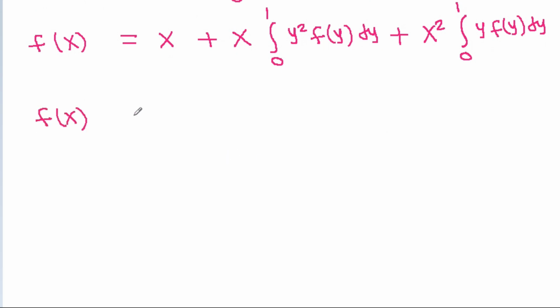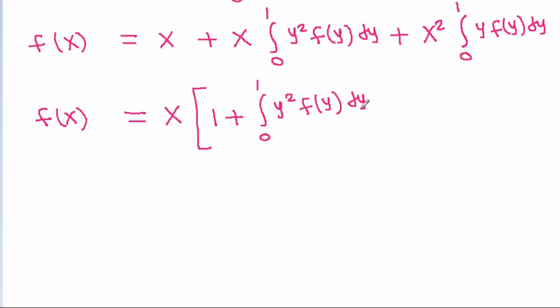f(x) is equal to, we can take x common, and it is (1 plus the integral from 0 to 1 of y square f(y) dy) plus x square times the integral from 0 to 1 of y f(y) dy.